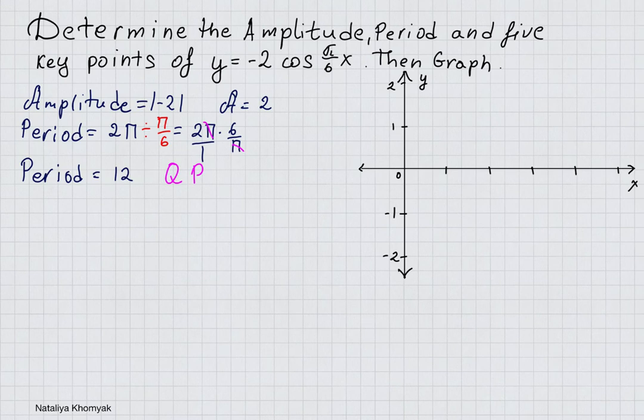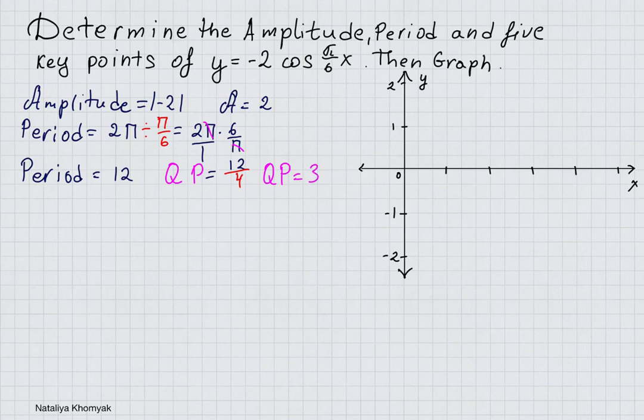Once you have your starting value, adding quarters of the period will simplify your function into those angle measurements. A quarter of the period is 12, which is our period, divided by 4, and we get that a quarter of the period is equal to 3.